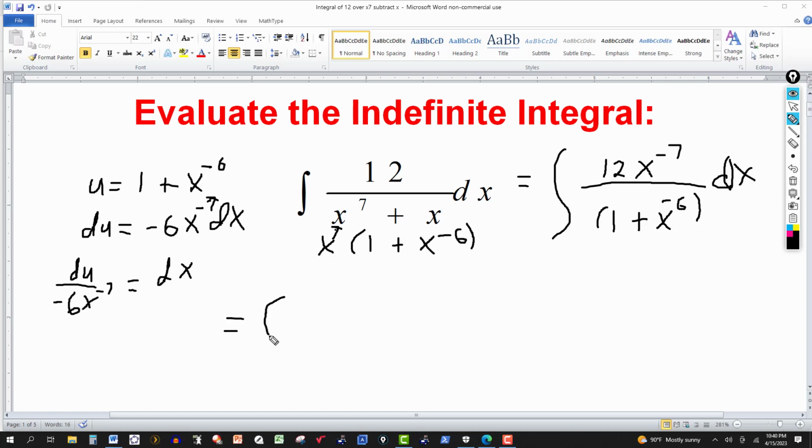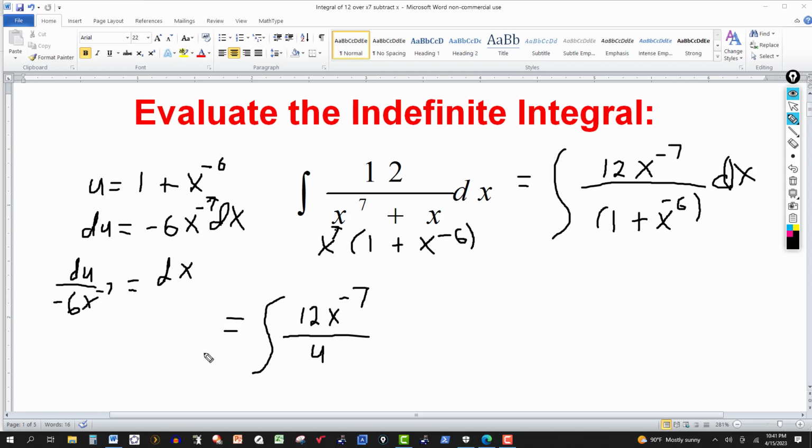Then we continue over here. This will be 12 x to the negative 7 over, and remember, 1 plus x to the negative 6, that's your u. So put a u here. I'm converting the original integral into one involving u instead of x.